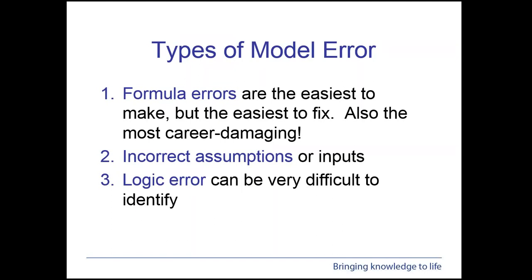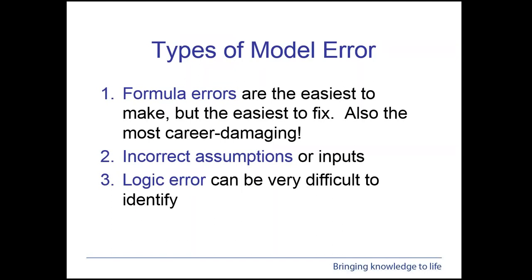Number one is a formula error. You could possibly get a dollar sign in the wrong place, or the formula is looking at the wrong cell, or your links are a little bit out of whack or something like that. Formula errors are pretty horrible. They're really embarrassing to get in your financial model, because they're very easy to make, but they're also very easy to fix.